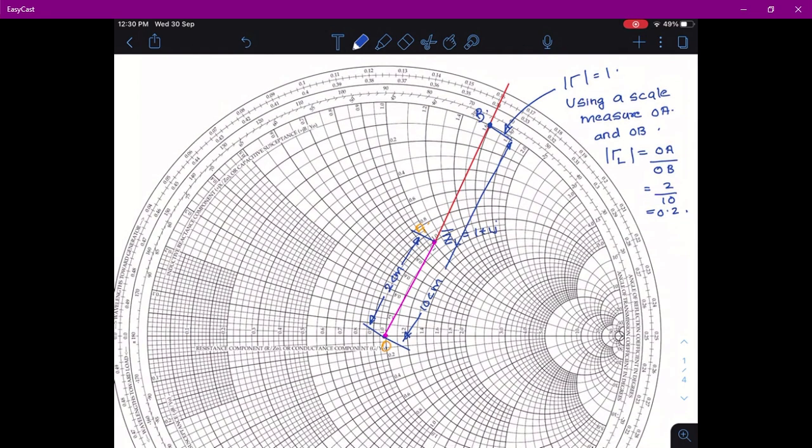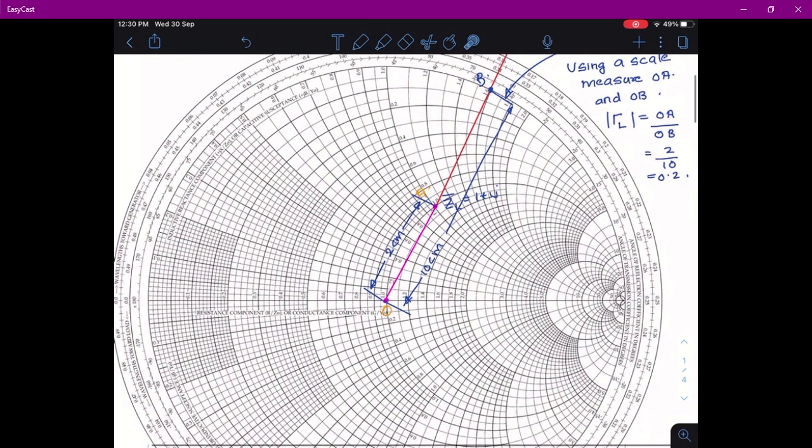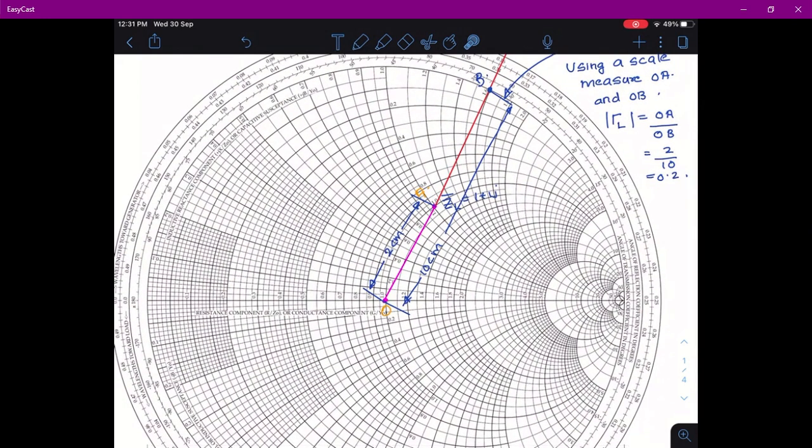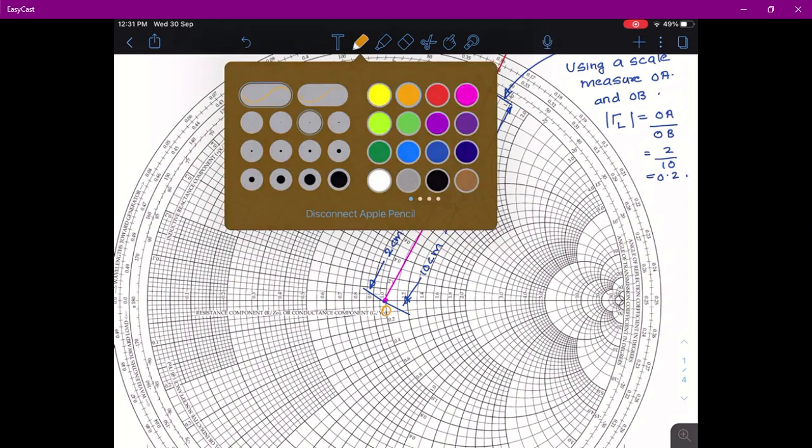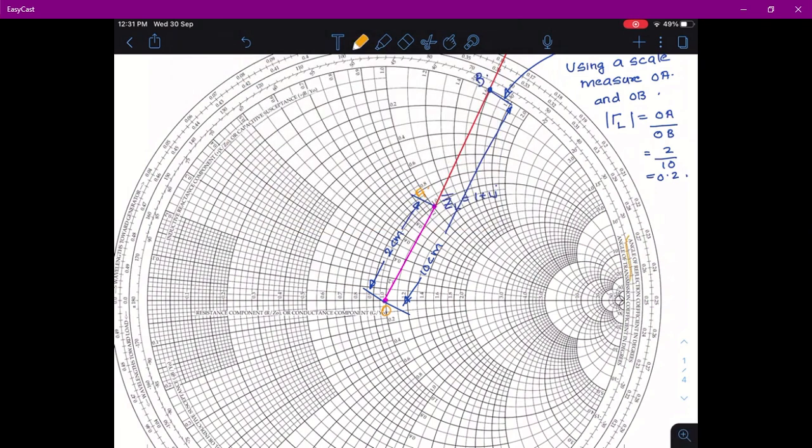For the phase, if you look here, the angle of reflection coefficient in degrees is marked here, and this is just like a protractor.